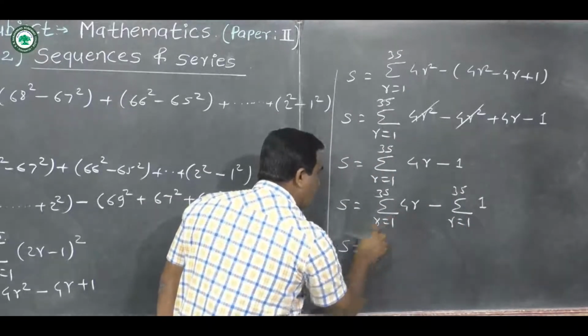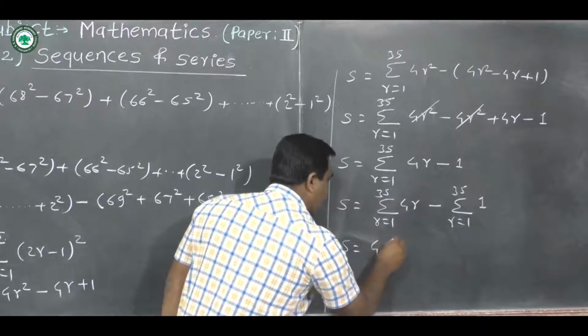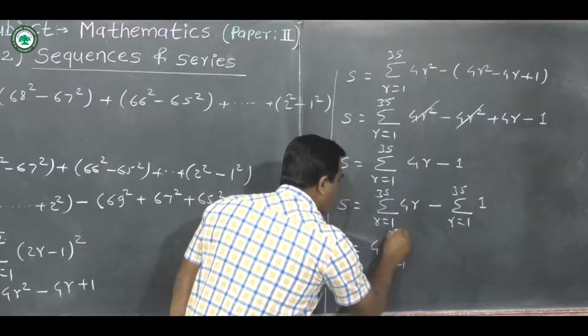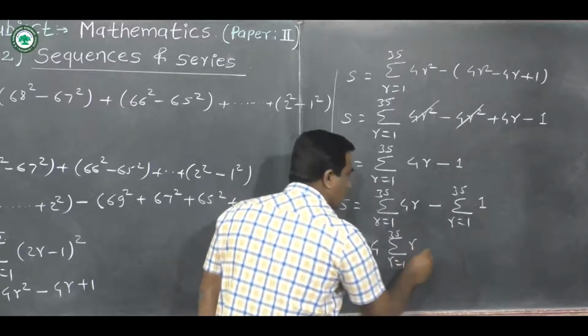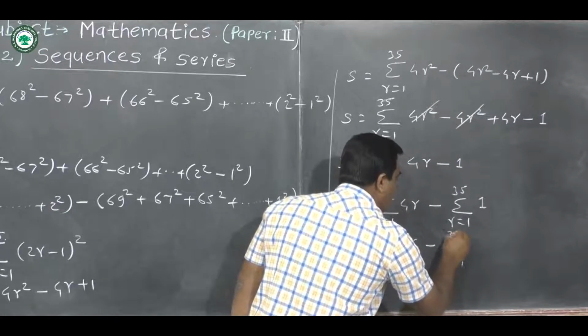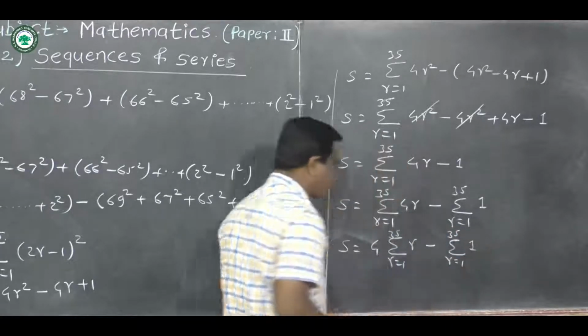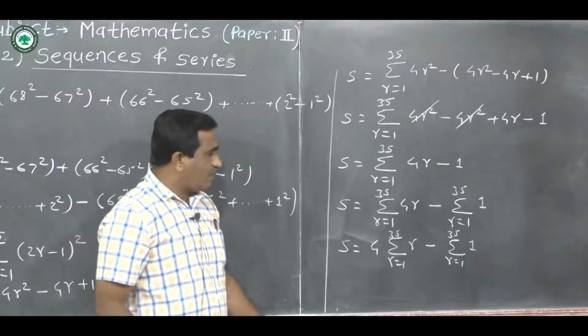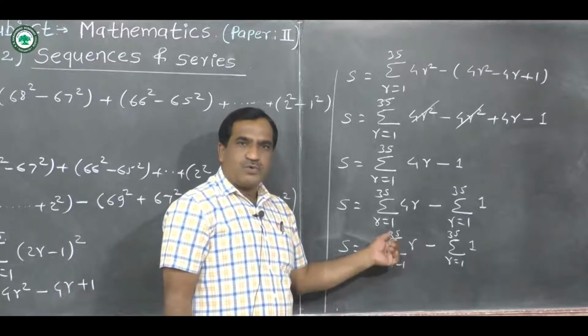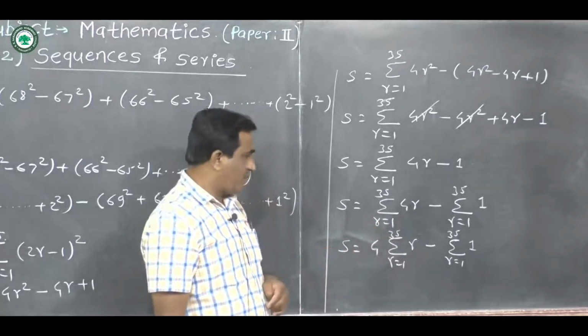We can take 4 outside the summation, constant term, 4 into summation r goes from 1 to 35 r minus summation of r goes from 1 to 35 1. Okay, now we know that formula for the summation of r goes from 1 to n, which is n into n plus 1 upon 2.